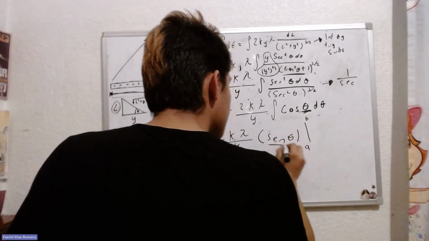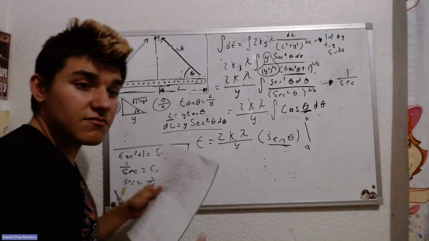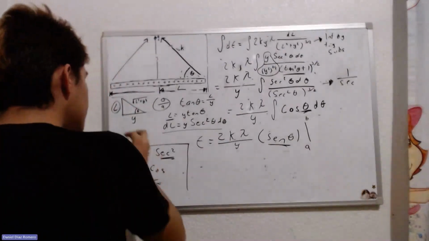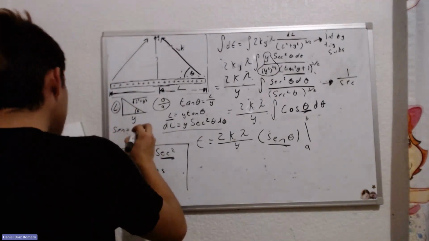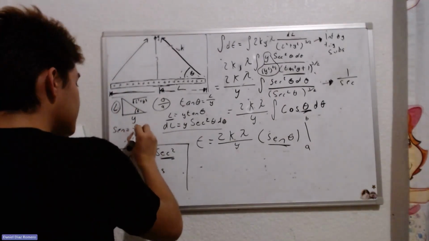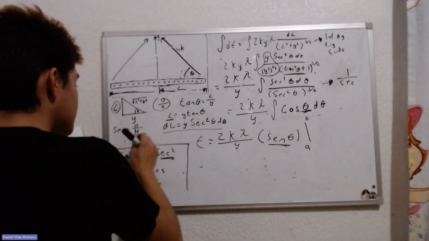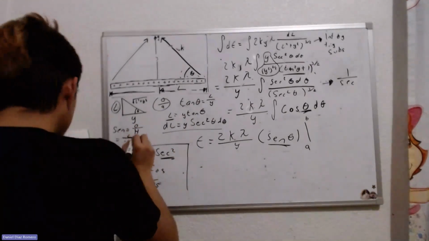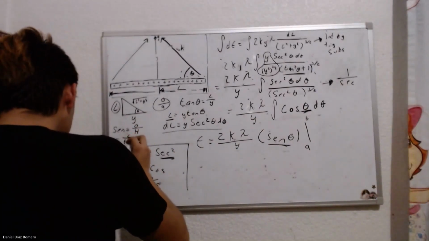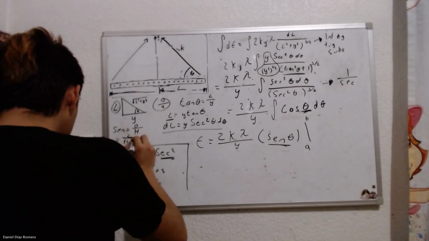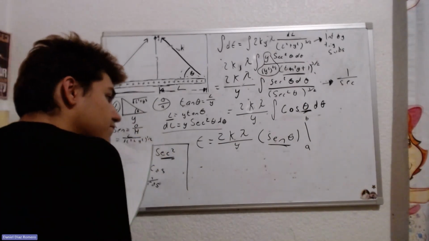And once again, we have another sine function, and we don't want to work with that. So we can replace it as we did already. The sine is equal to the opposite leg over the hypotenuse, which can be transcribed as L over L squared plus y squared to 1.5.